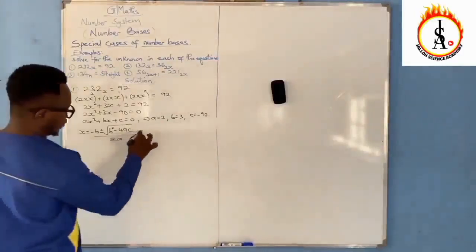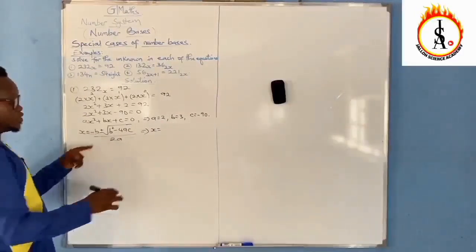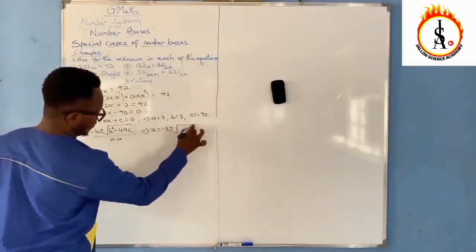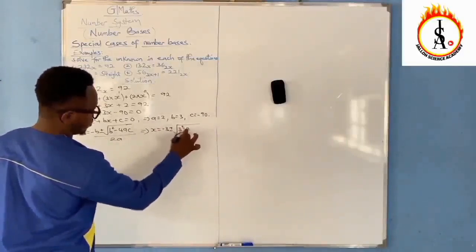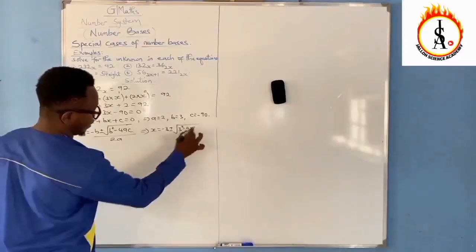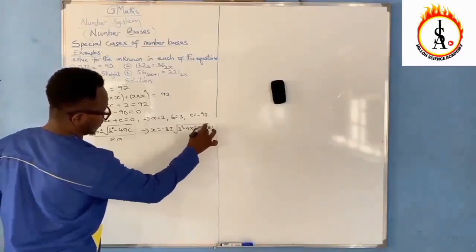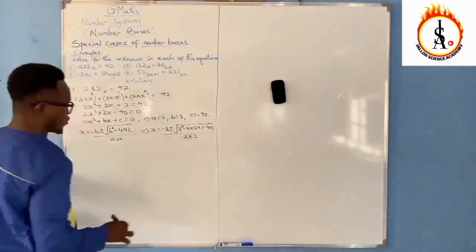So if we substitute here, x is equal to, wherever we see b, we substitute 3, negative 3, plus or minus the root of 3 squared minus 4 multiplied by a, which is 2, multiplied by c, which is negative 90, all over 2a, which means 2 multiplied by 2.